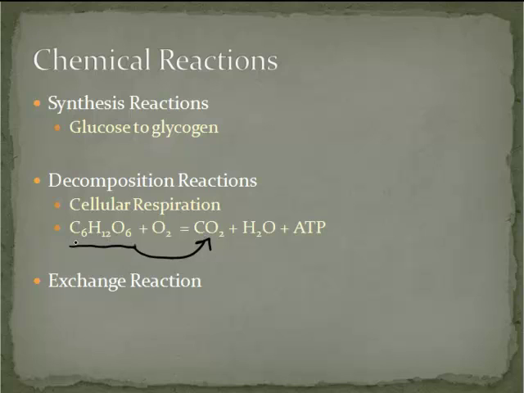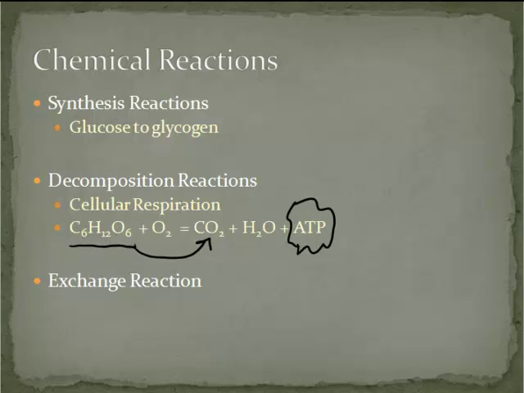So we have a larger molecule in glucose being broken down into a smaller molecule, CO2. And what we get out of that is this important molecule called ATP. You'll see ATP coming up throughout the semester, because this is a molecule that our body uses to carry out chemical reactions. It gives us the energy. It's basically a kind of stored energy that allows us to do all those reactions.